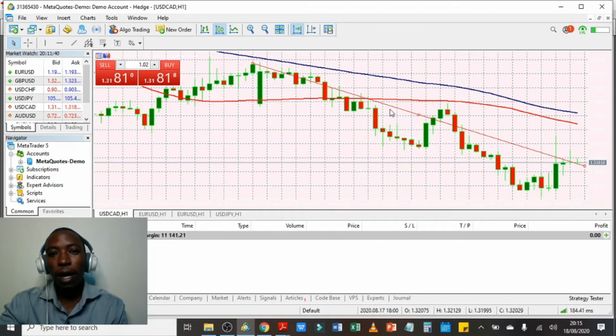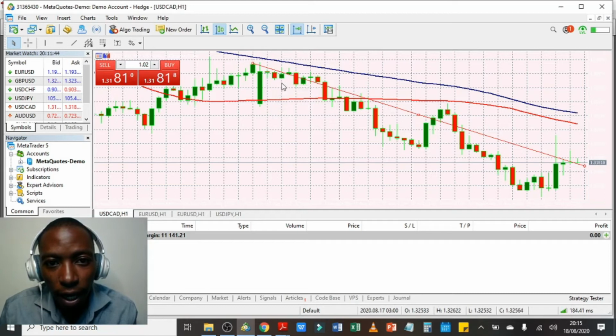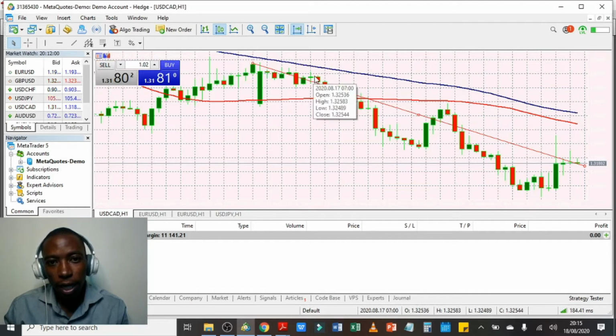As simple as that. For instance, as you can see over here, the price was consolidating over here, as you can see on the screen where I'm pointing the arrow, and then upon touching the trend line, there was some kind of breach or breaking of the trend line over here, and then it was a false breakout.